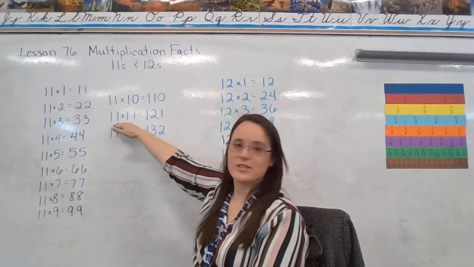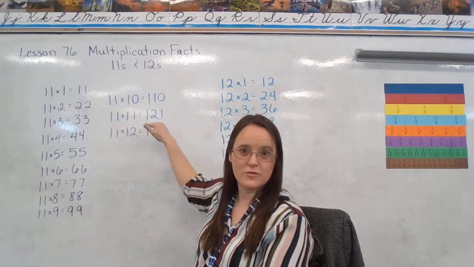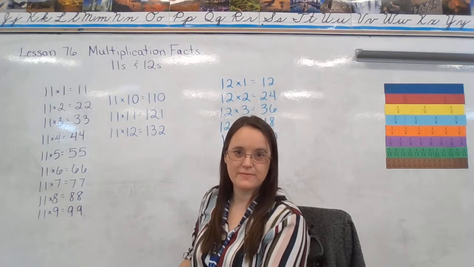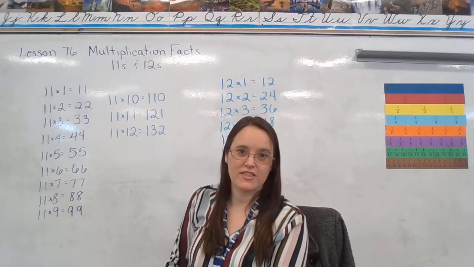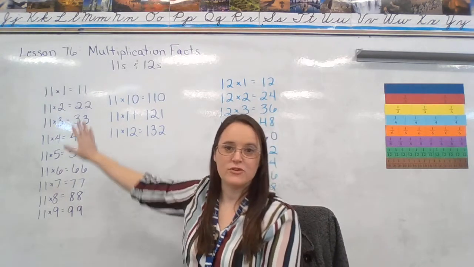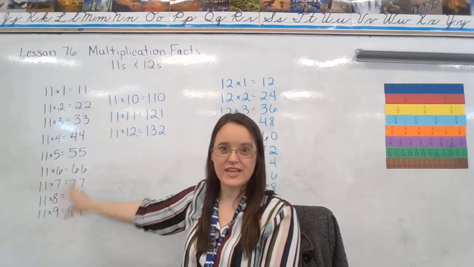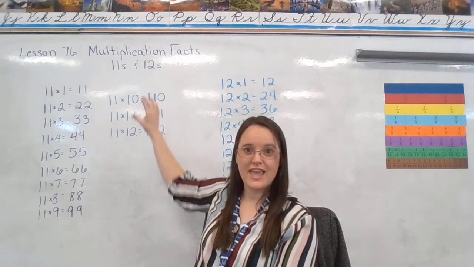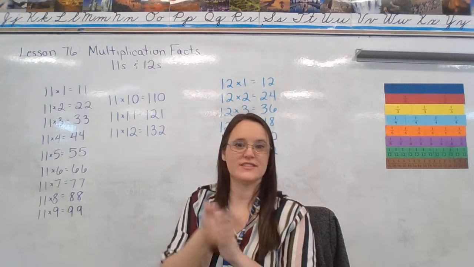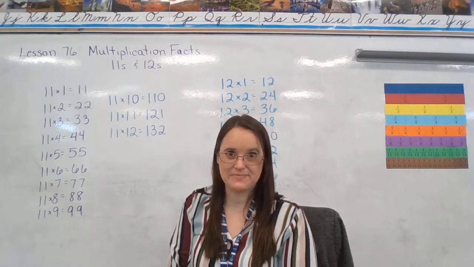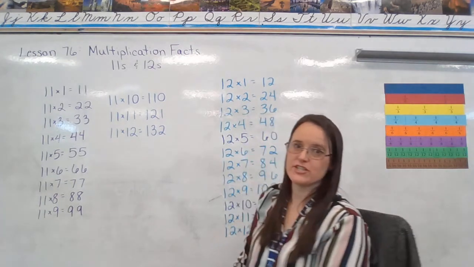So those problems are 11 times 11, which is 121, and 11 times 12, which is 132. If you can remember your 11s trick, your 10s trick, and memorize those 2 problems, then your 11s are super easy.